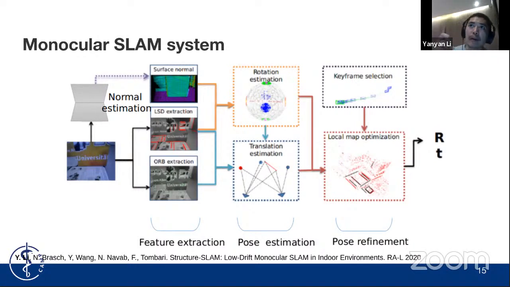It means the direction of this pixel. For example, for a pixel on the floor, the direction of the normal will be upward. So there are 3 values to show the surface direction. This is a normal vector.